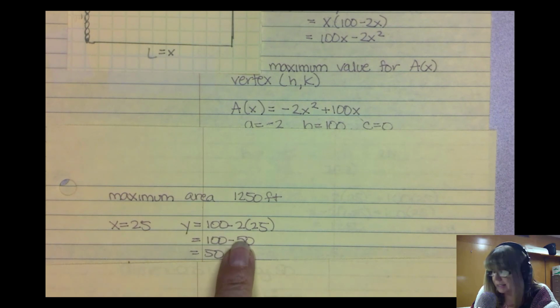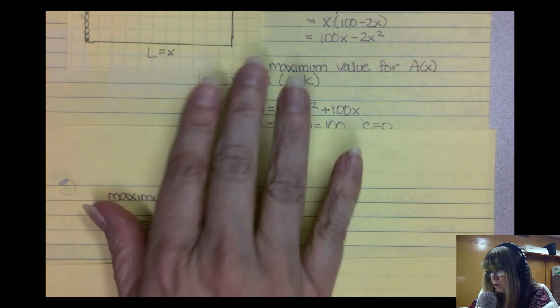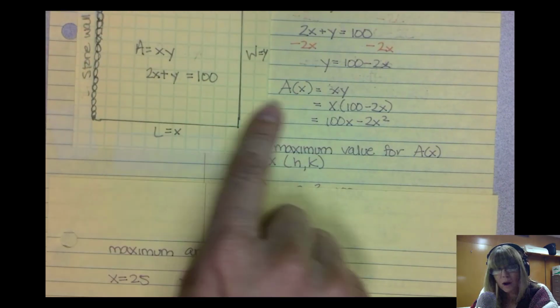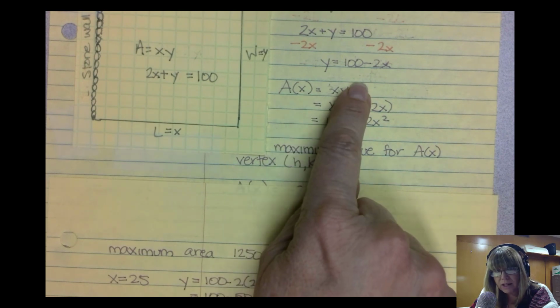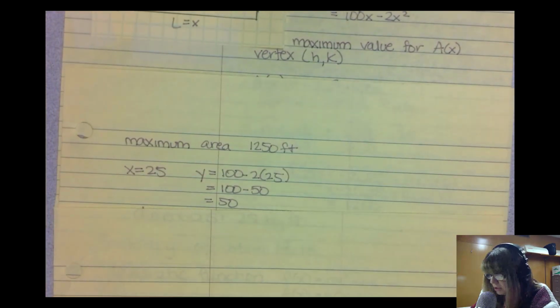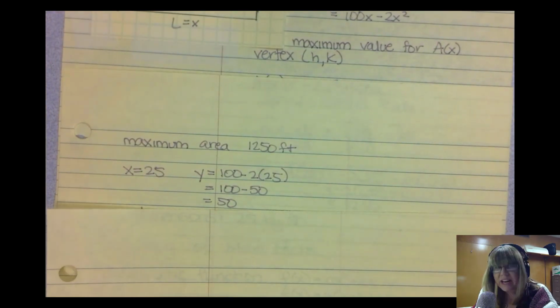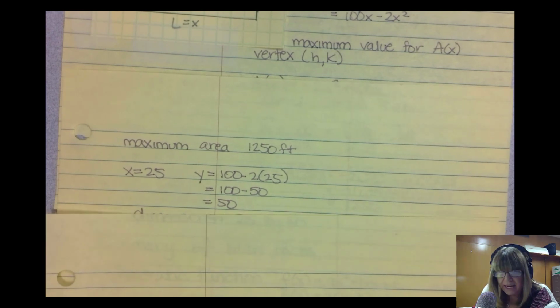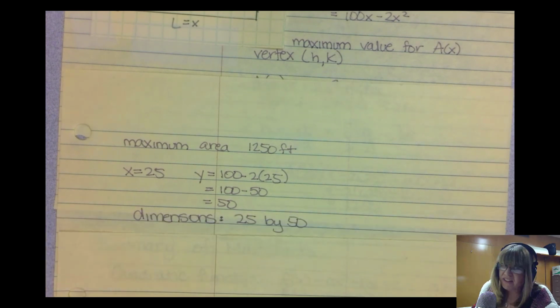Throwing our x in there, and for our y value, remember we had this second equation for our y value, right there. 2 times 25 is 50. 100 minus 50 is 50. So the dimension of the largest area we can create will be 25 by 50.